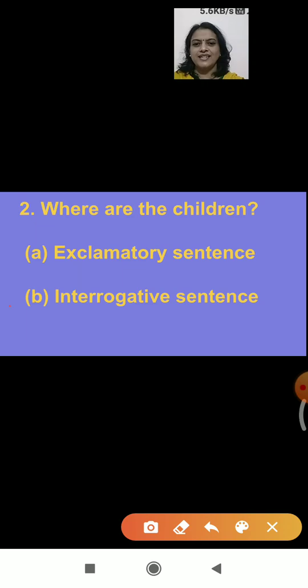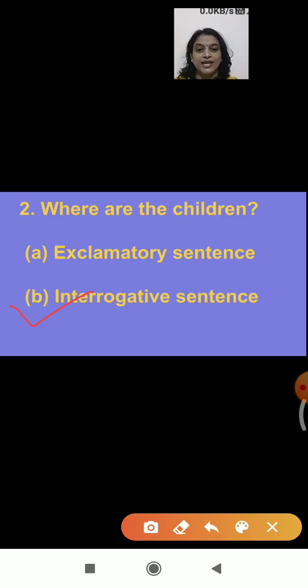Easy to understand. It is an interrogative sentence, right? Because exclamatory means feelings. And it is not a feeling. You cannot find any type of sudden feeling in that sentence, right? Where are the children? It's asking a question with the question mark given in the end. So it is definitely an interrogative sentence.